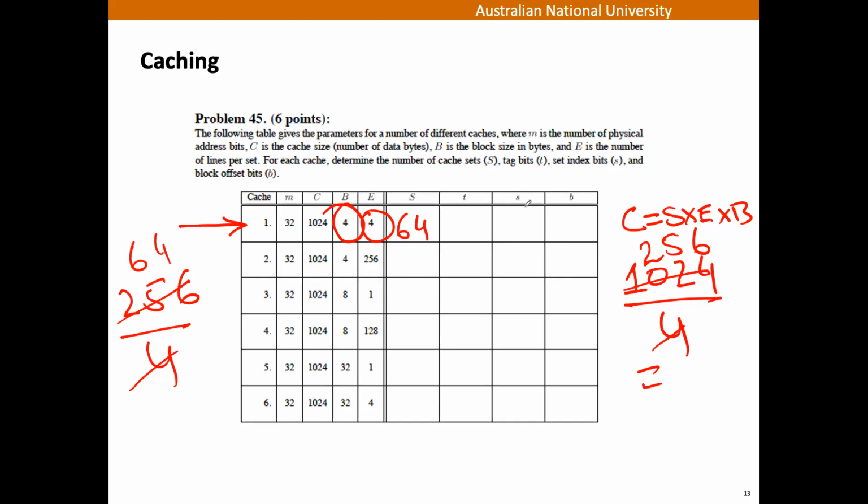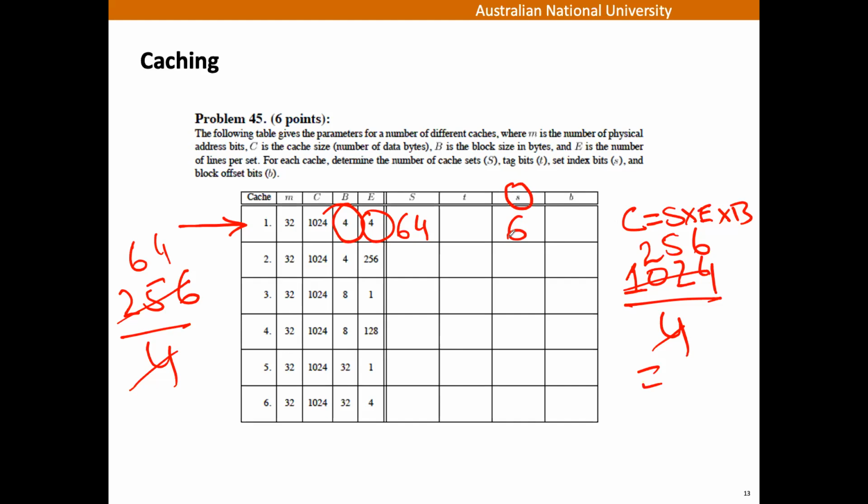So how many bits do I need to index the sets? Two to the 6, 64. Hexadecimal to binary, binary to hexadecimal, 2 to the power 10, 1024. If you spend 10 minutes practicing these calculations, come prepared.